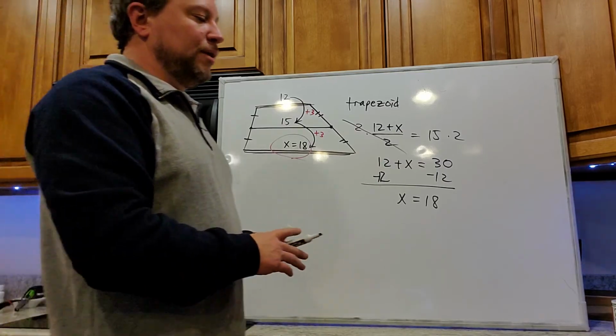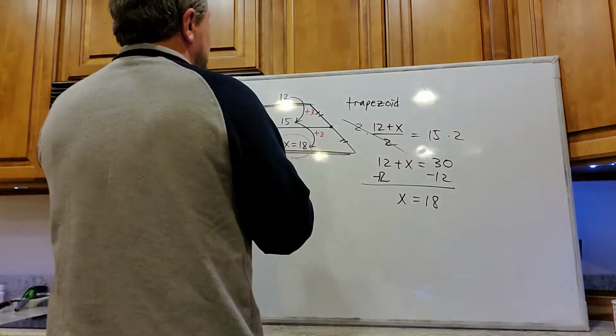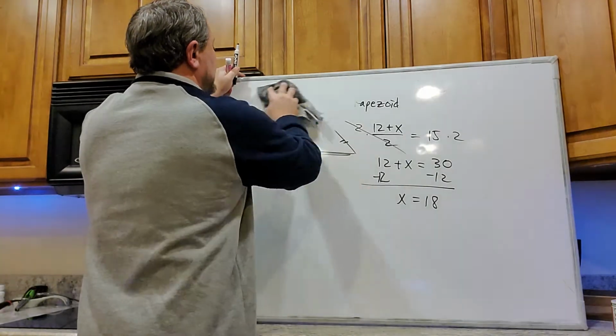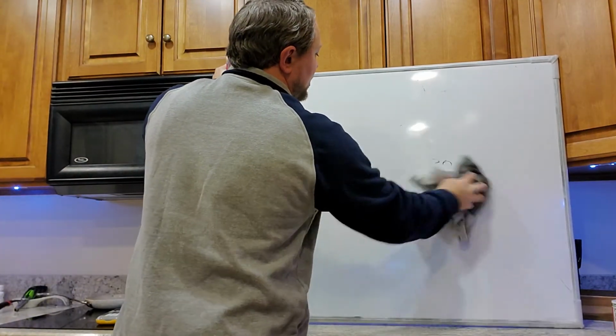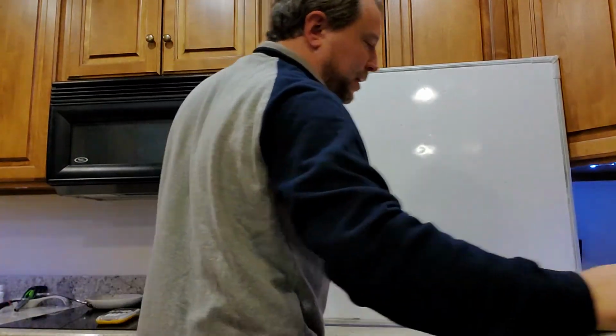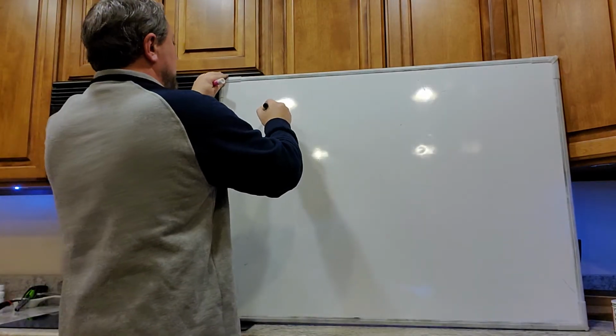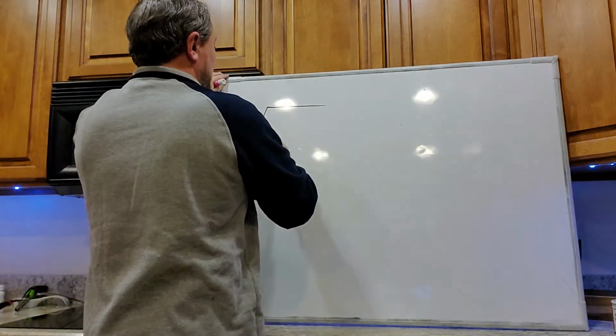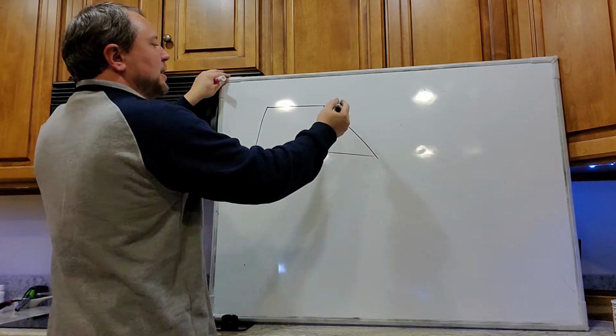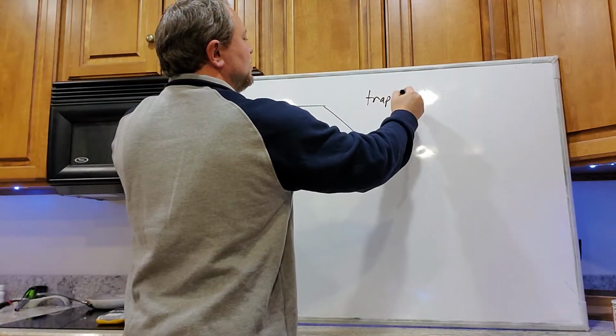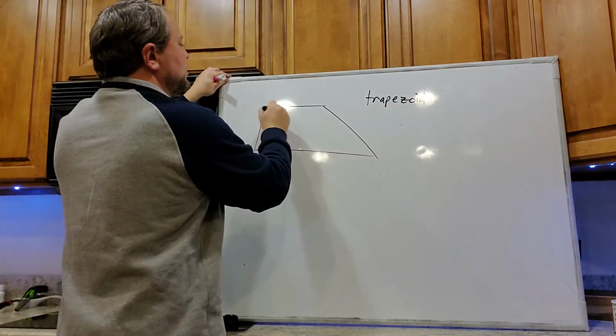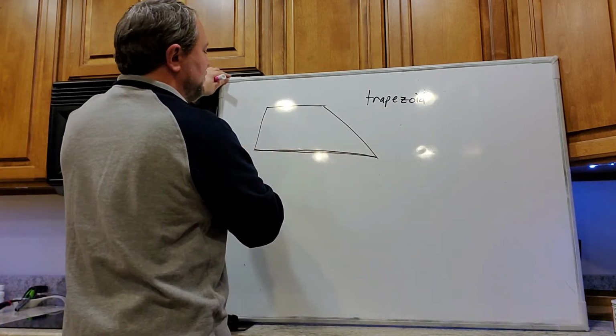Okay, now, what if I gave you a median problem again, only this time I made it a little more difficult by giving you something that maybe looks like this. Let's say again that's a trapezoid with this top being parallel to this bottom.